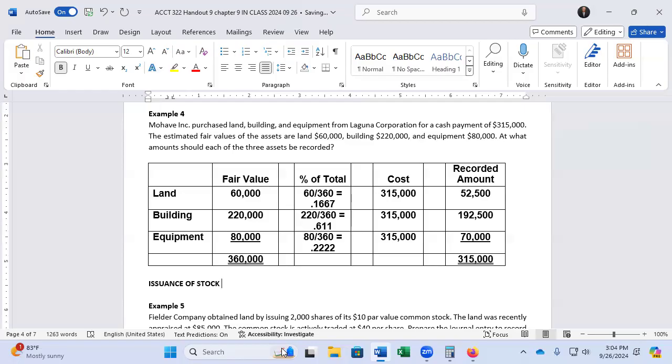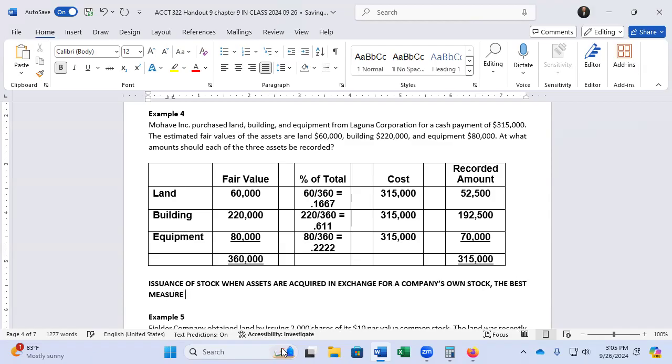Okay. So now issuance of stock. When assets are acquired in exchange for a company's stock, the best measure of the cost of the assets is the market value of the stock issued.